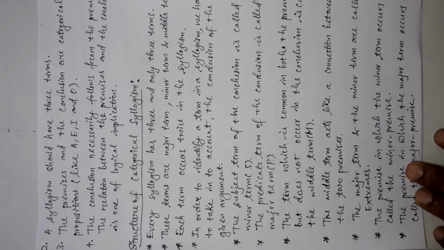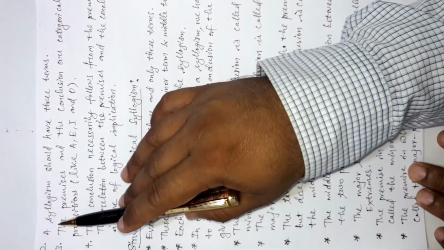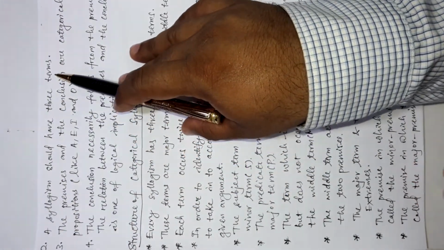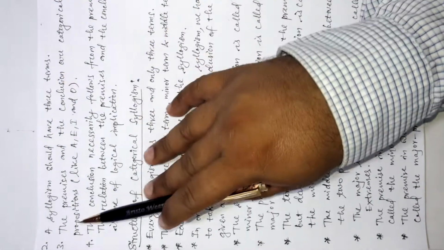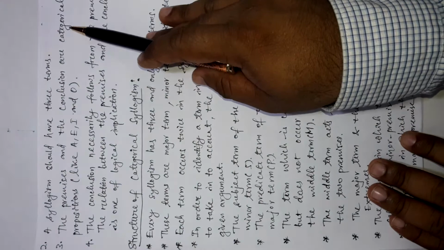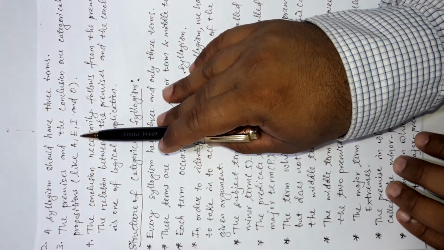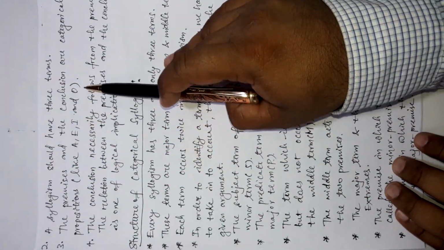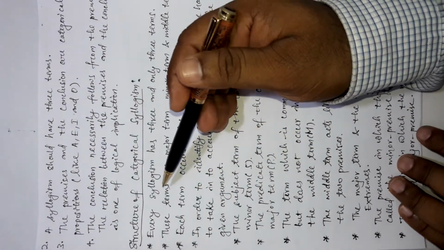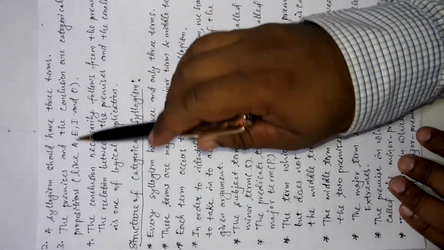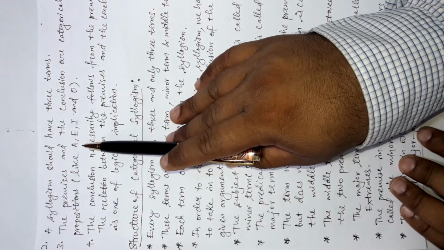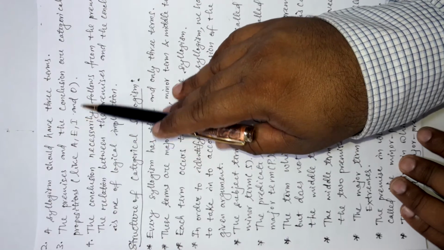Now, the second point says that a syllogism should have three terms. We discussed this in the previous example. The third point says that the premises and the conclusion are categorical propositions of A, E, I, O type. Okay, whether it is the two premises or the last conclusion, they are categorical propositions. That means they come under either A, E, I, O type.